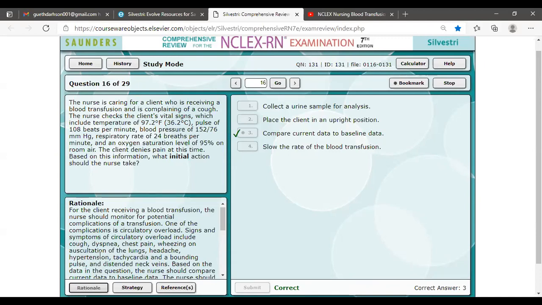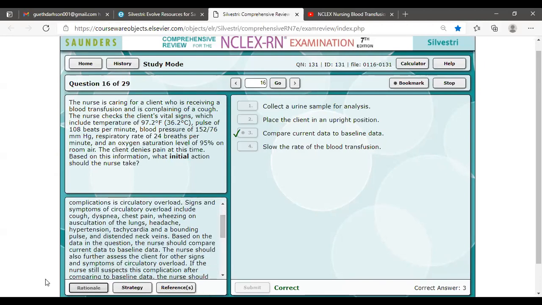Based on the data in the question, the nurse should compare the current data to the baseline data. The nurse should also further assess the client for other signs and symptoms of circulatory overload.